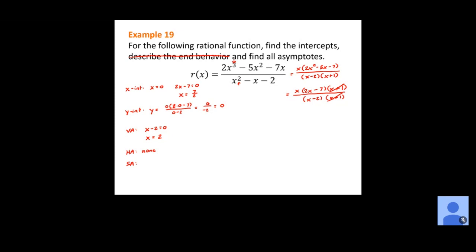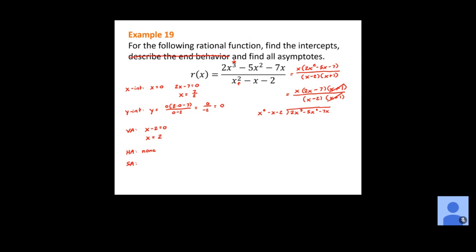Long division, good. So I'm going to take the bottom here, put it on the outside. Top goes on the inside. Okay, and just like with synthetic division, if you're missing any terms, just make sure you put a 0 there so everything lines up.